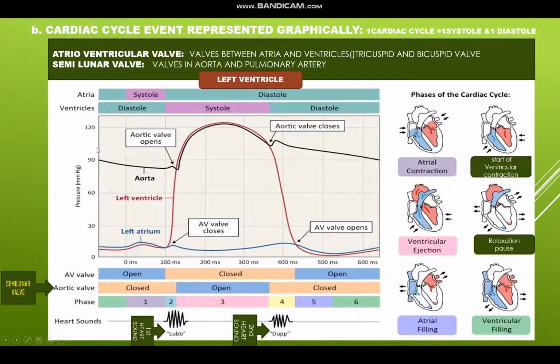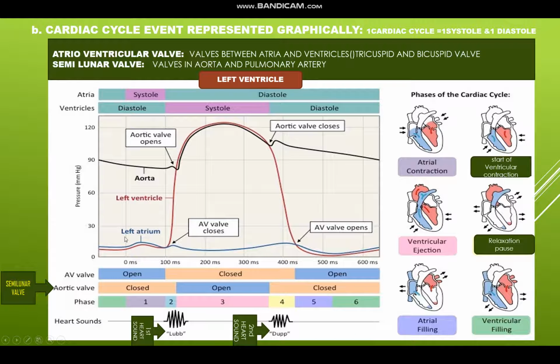Then it also represents when the atrioventricular valves open and when they close in each segment of the cardiac cycle, and also the aortic valve, when it opens and when it closes. So we start with the events in the cardiac cycle.